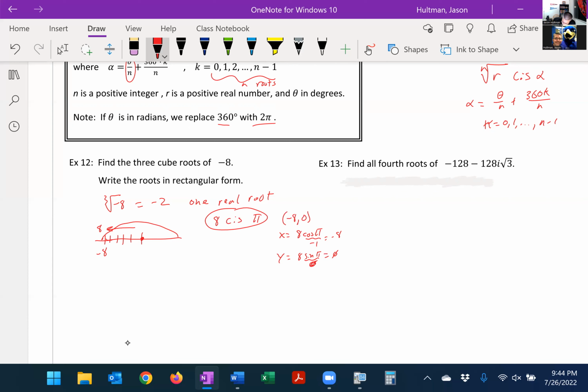Now I'm going to take the cube root of this. How do I do that?